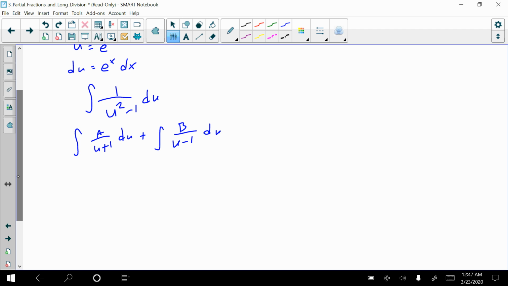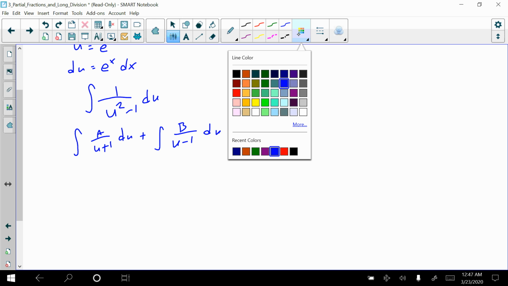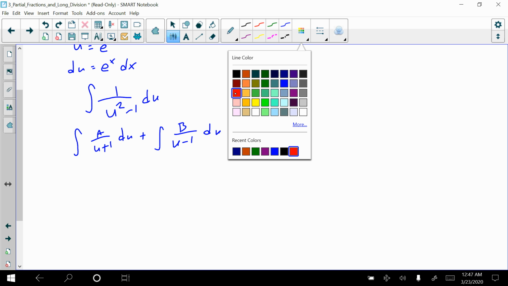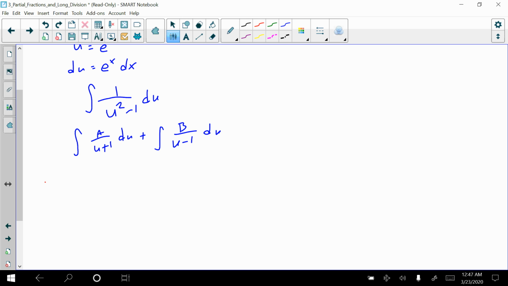And from here, hopefully you've seen enough of the examples with partial fractions to see how this is going to go. Let's do A in red. If I set A's denominator equal to 0, I'm going to get u equal to -1.